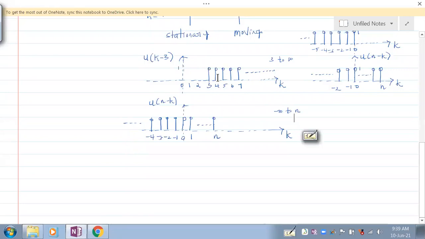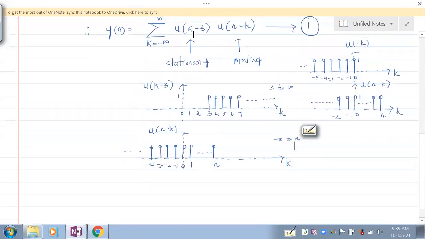Now this signal represents the players standing on the ground in a line, but they are not moving. This is immobile, stationary. See how stationary this signal is. U of n minus k is a moving signal, and it is moving in this direction, mind you, from the dugout.